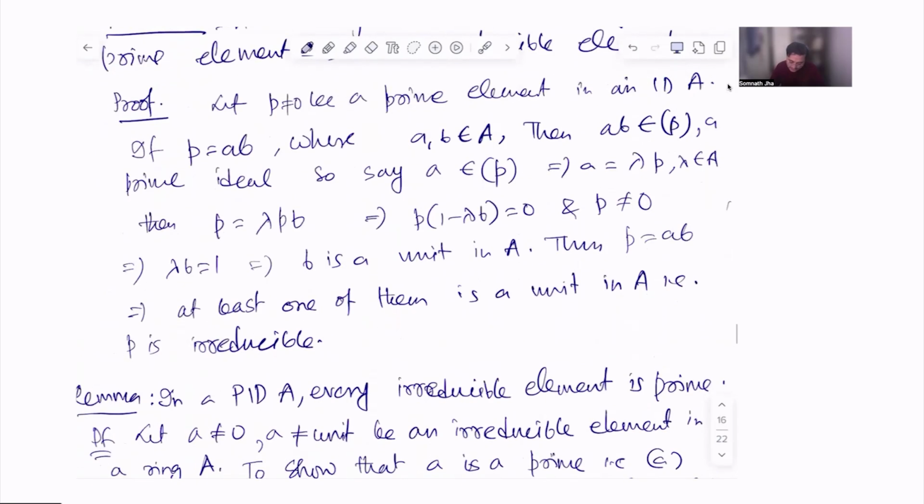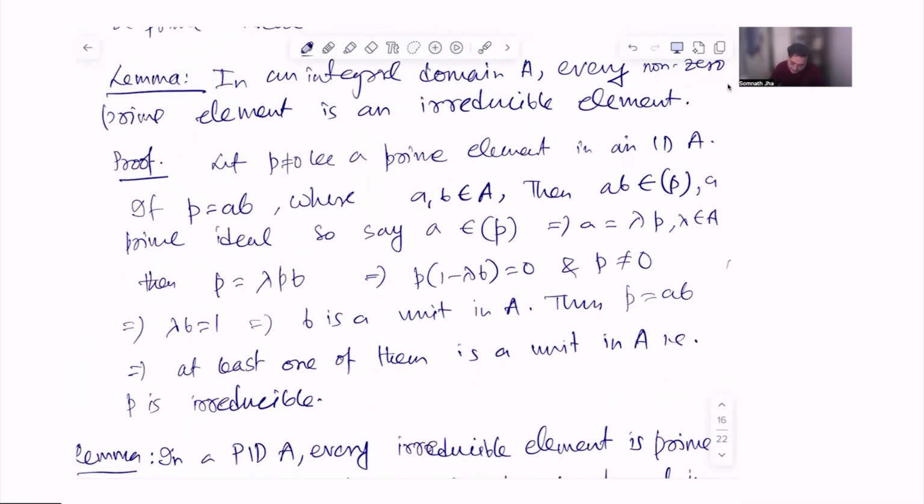And then we ended with the statement that in a PID, every irreducible element is prime. So in a PID, a non-zero element is prime if and only if it is irreducible.